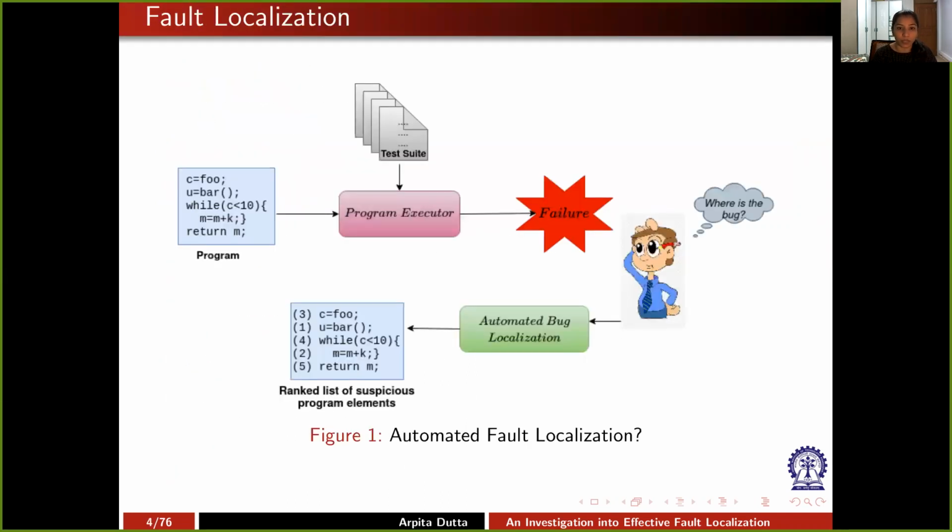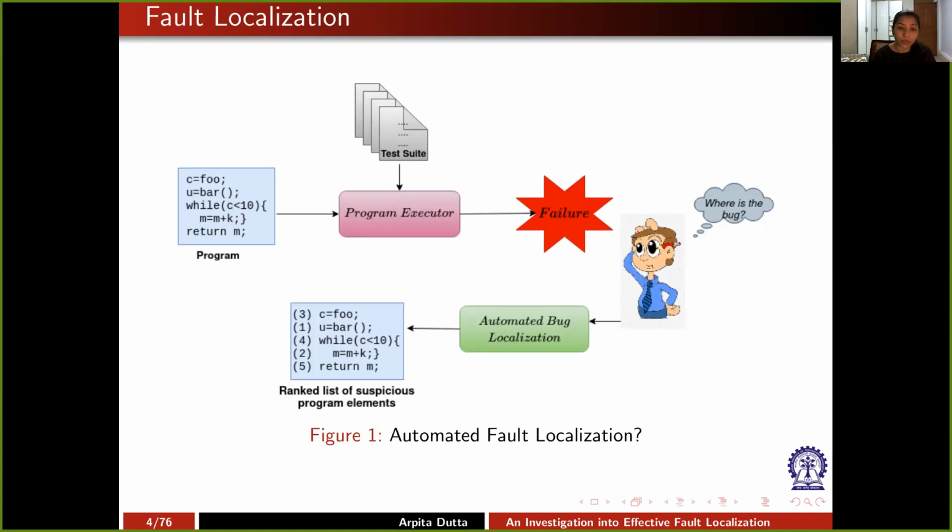Starting with the introduction, as we all know, with the increase in size and complexity of software systems, bugs are completely inevitable. Whenever a software developer faces a program failure, the first thing he tries to do is localize the bug. For that, he has different automated bug localization techniques, which provide rankings to the statements based upon their suspiciousness of containing a bug.